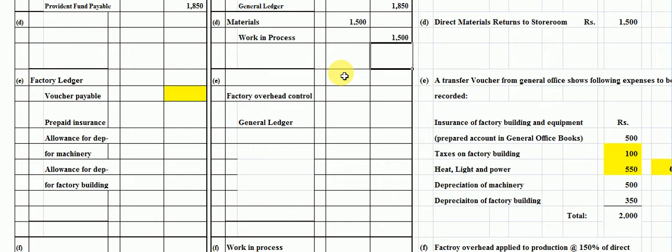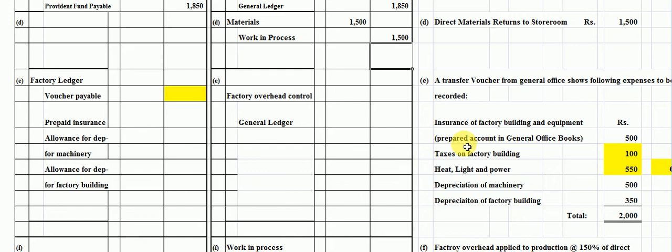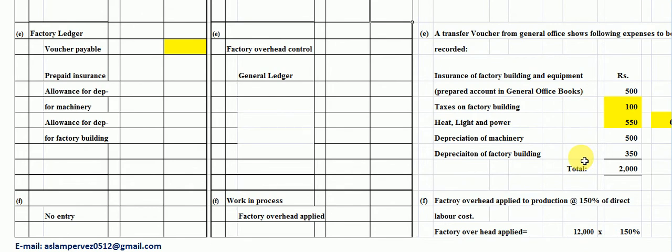Students, let's move to the next transaction, which is in the form of E part. A transfer voucher from general office shows the following expenses to be recorded: insurance of factory building and equipment, prepaid account in general office books, which is the amount of 500 rupees; taxes on factory building, heat, light and power, 550 rupees.